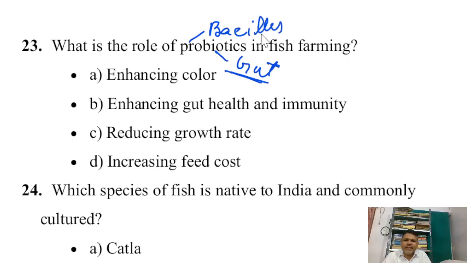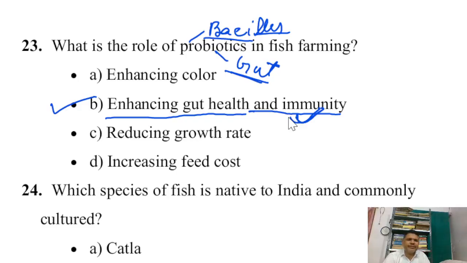It is also true in the case of fishes. These probiotics are helpful in promoting gut health and maintaining immunity, increasing the immunity power. So the correct option here is option B, enhancing gut health and immunity.